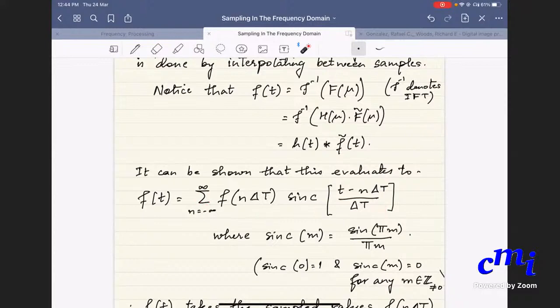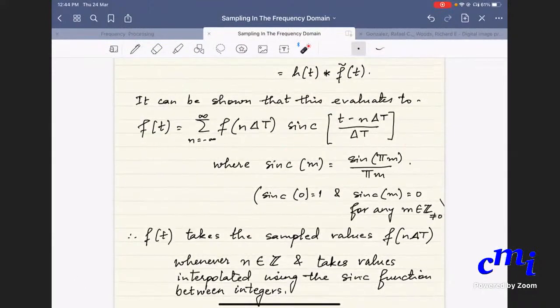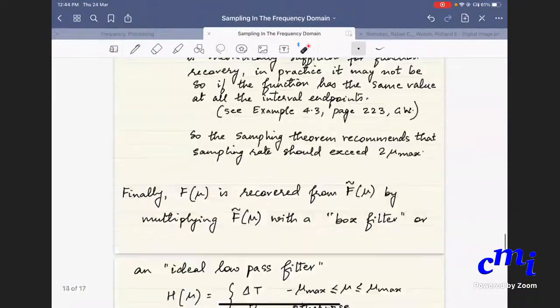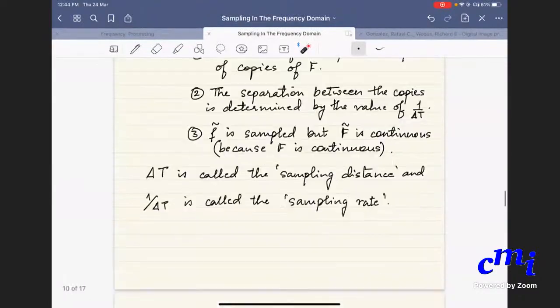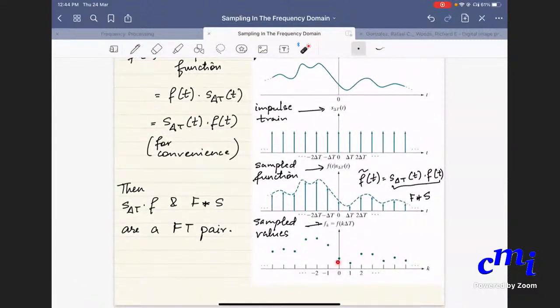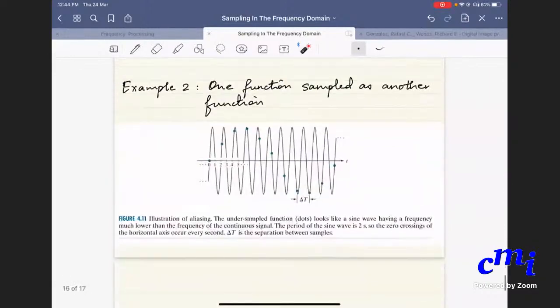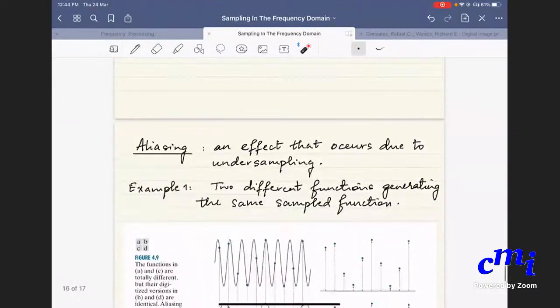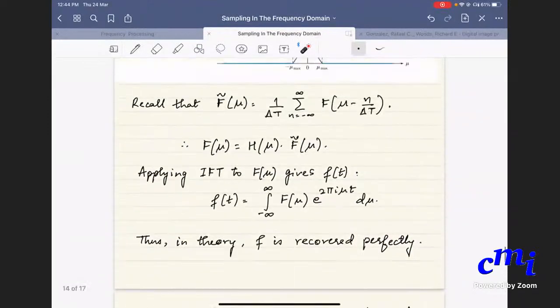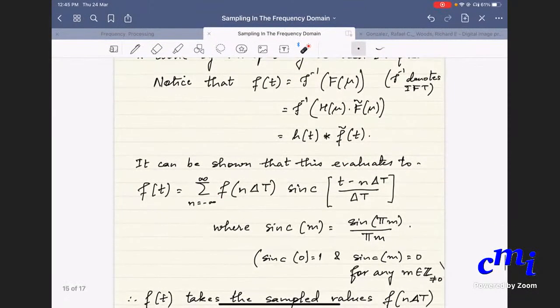In practice one doesn't do this integration, but one uses this formula, and f of n delta t are actually the sample values when n is an integer. Those f of n delta t are exactly these sample values. These we know from the sampled function.